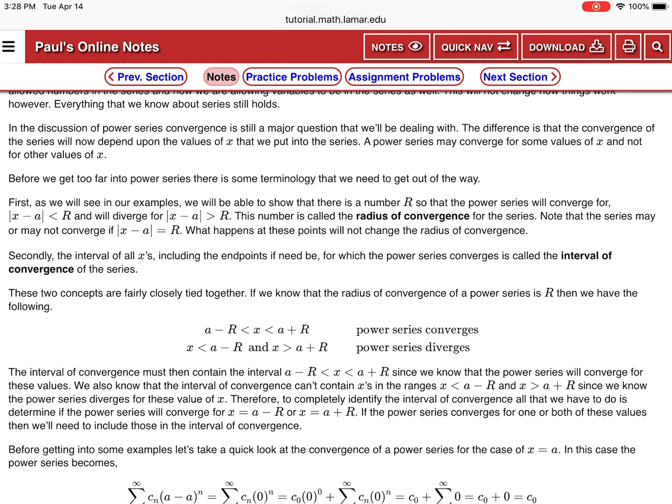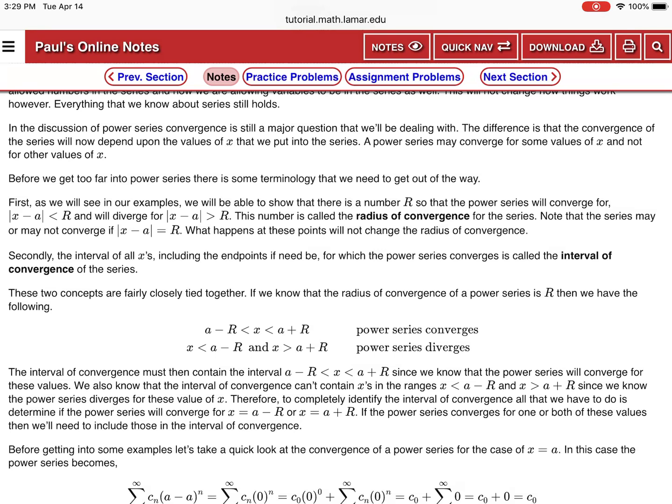So R is the radius of convergence, and the set of all x's, including the endpoints if need be, for which the power series converges is called the interval of convergence. I'll show you in a few examples later how to find that particular part.